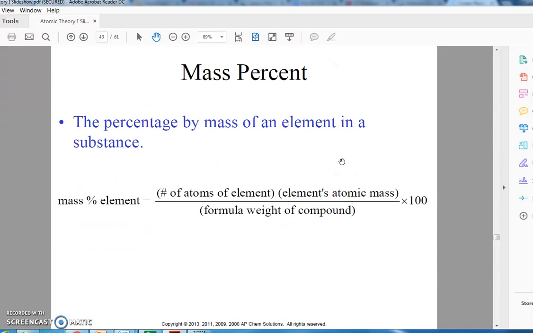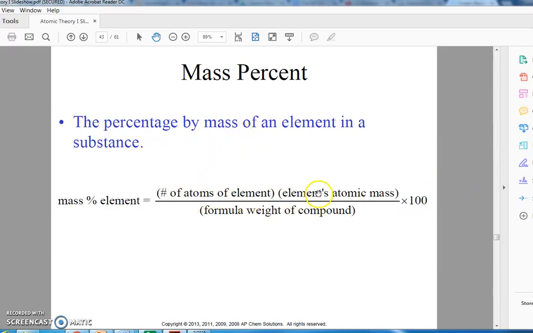Mass percent. This is simply the percent by mass of an element in a substance. For example, if we wanted to find the mass percent of element fill in the blank, okay, you could say chlorine, it would be the number of atoms of that element in the compound times that element's atomic mass from the periodic table divided by the formula weight or the molecular weight of the compound times 100.